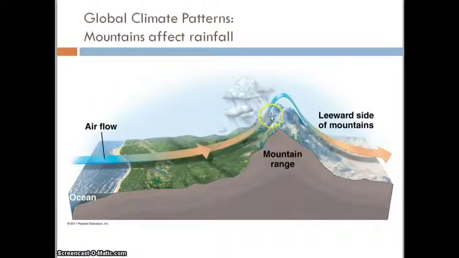Once the air flows through the mountain range to the right-hand side of this picture, it doesn't have much moisture left. On top it's cold, and then the temperature starts to heat up and heat up more.